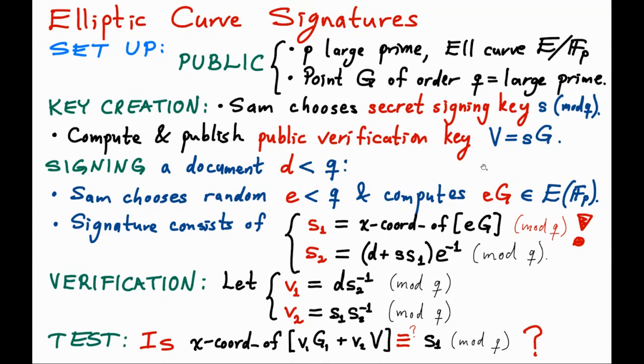Now, in all likelihood, Q is a large prime less than P. It could be roughly as large as P, but you can think of Q as a large prime, but probably less than P. So what you do here is that you compute the X and Y coordinates of the point e times G, and you compute them as integers in the range from 0 to P minus 1. And then you reduce that X coordinate modulo Q.